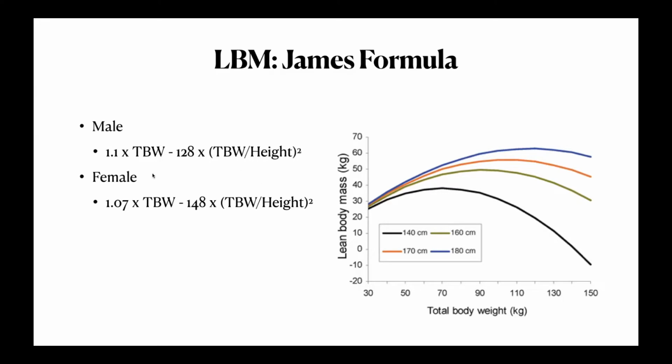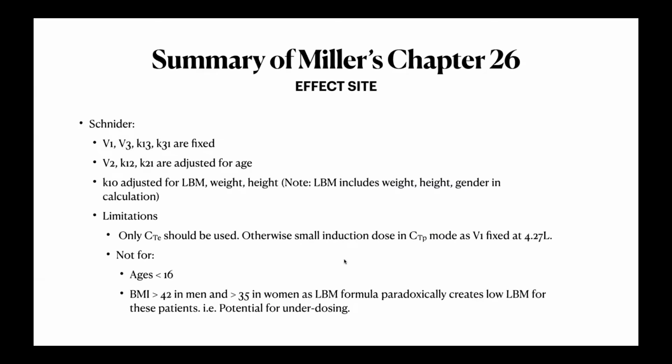You don't need to know this formula, but you do need to know how it functions, which means that at a cut-off limit, you can see that your lean body mass starts dropping, which is why they have limits with weight when you put in Schneider, and it's dependent on your BMI. So again, for males, it's a BMI more than 42, and for women, it's a BMI more than 35.